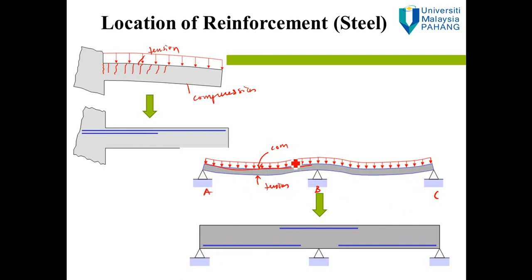Then somewhere at point B, the top will be in tension and below the neutral axis will be in compression, so we put the steel rod at the tension part. Similar to portion BC, the upper part will be in compression and the bottom part will be in tension, so we put the steel rod at the tension region.